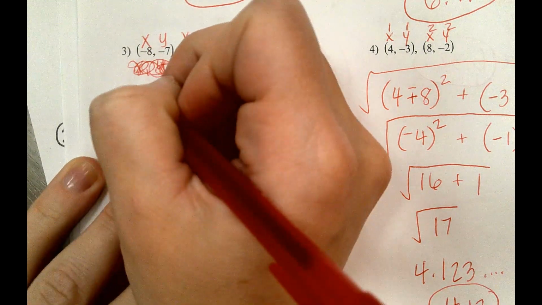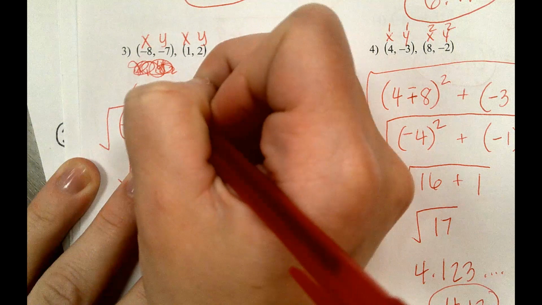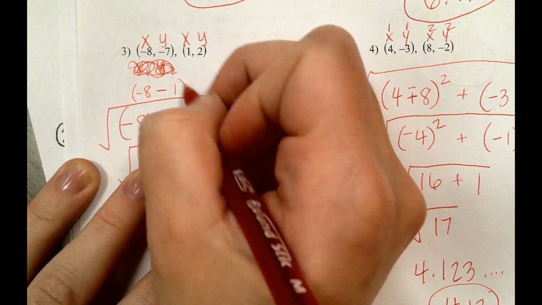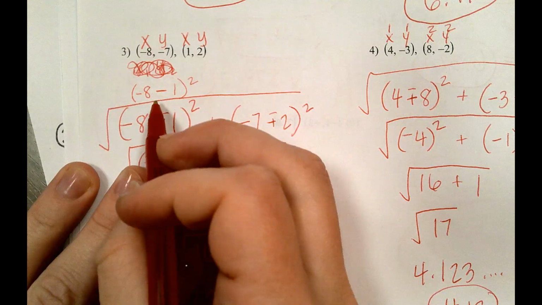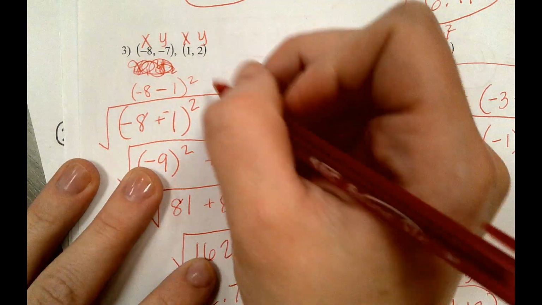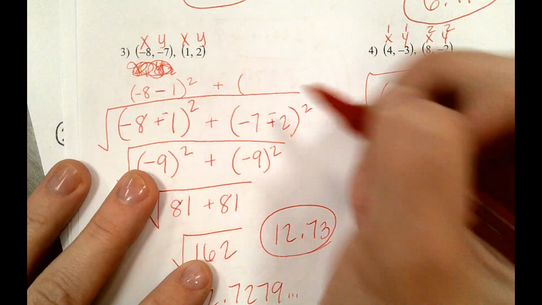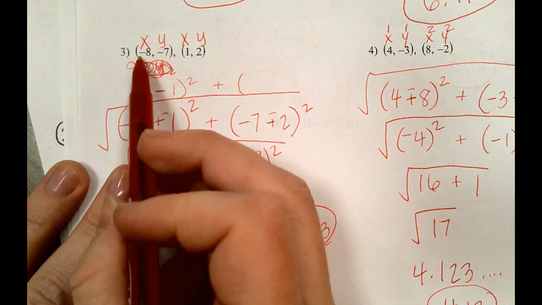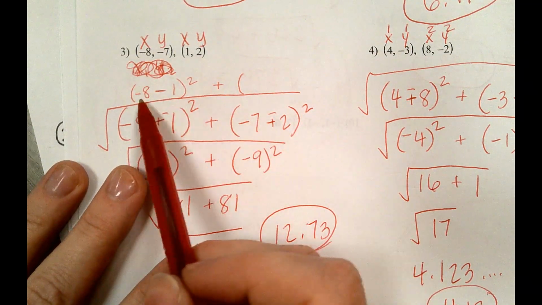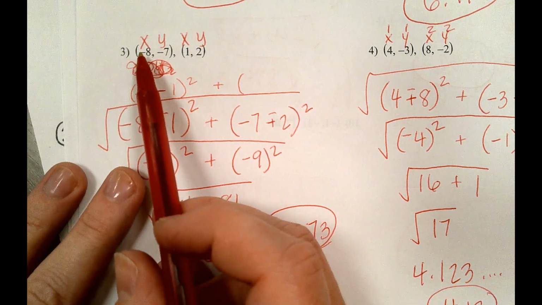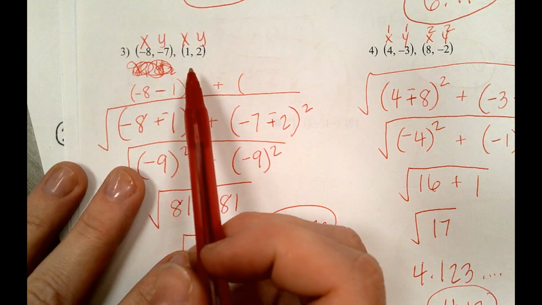So my x1 is -8 minus my x2, 1. So -8 minus 1 squared. Oh, I see where I messed up. What did you do? I did the y first and then x plus. Ah, okay. That makes sense.